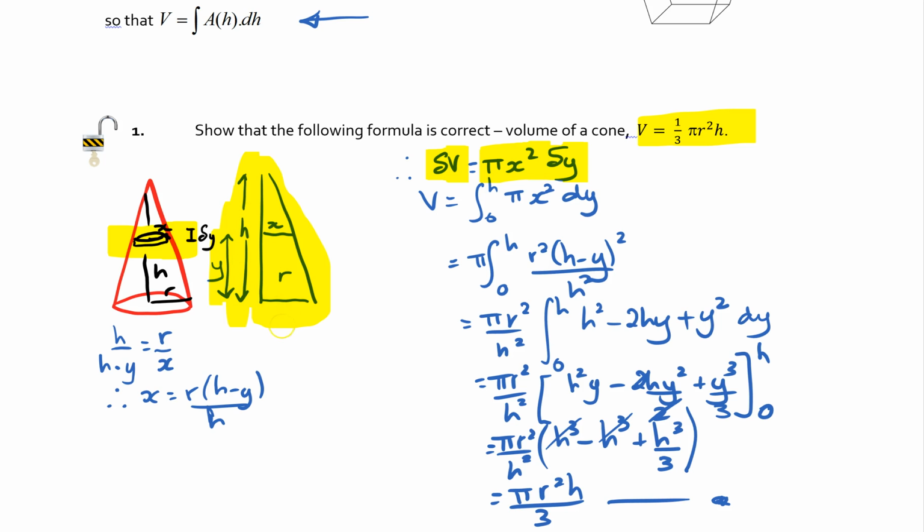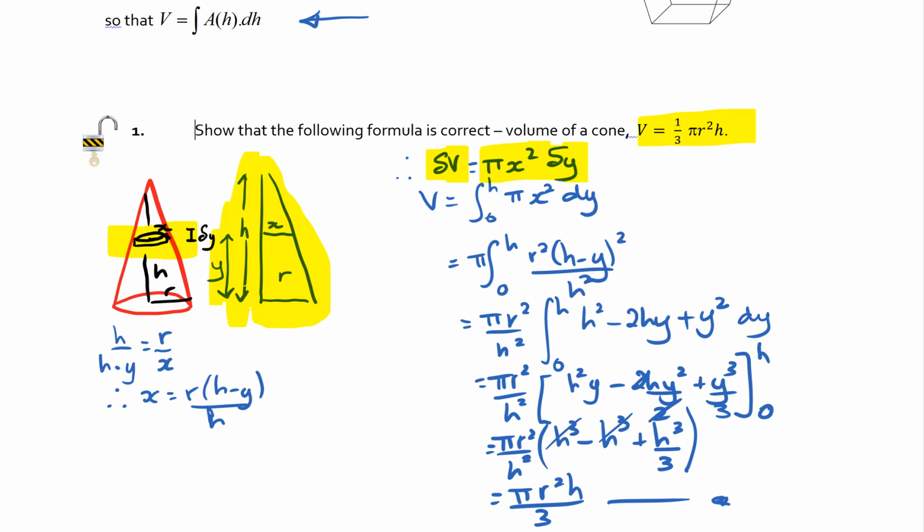So if we come back to our diagram over here, we can look at similar triangles. If the cone has a height h and a base radius r, then when we go up a distance y, we're going to say that the radius will be x. And what's the relationship? Well, the relationship is simply based on similar triangles, that the ratio of corresponding sides in similar triangles is equal.